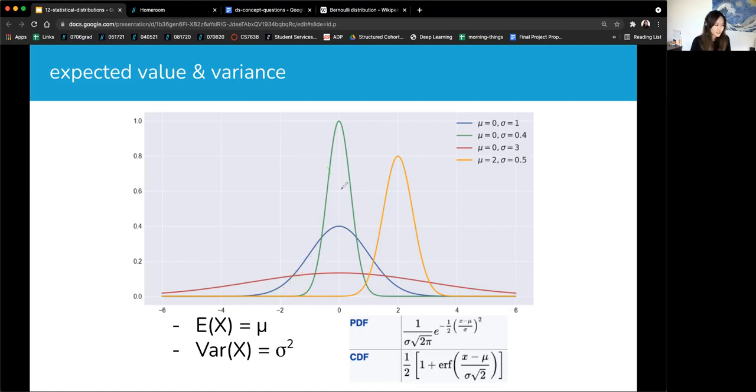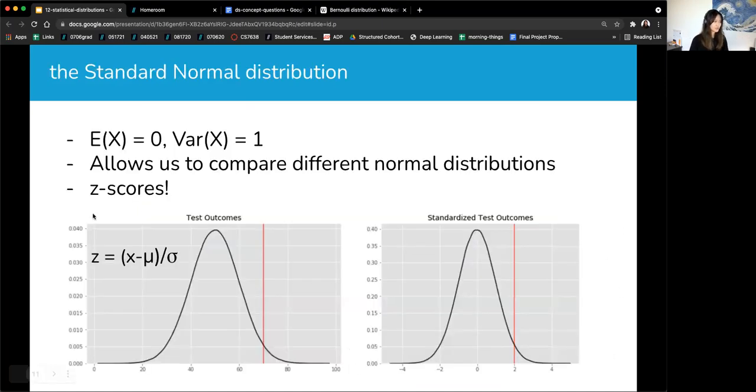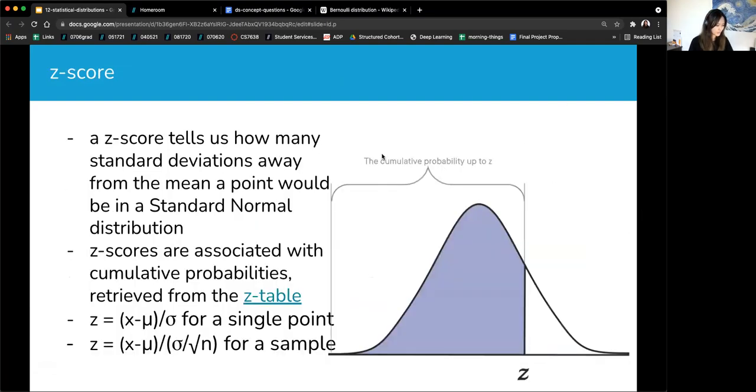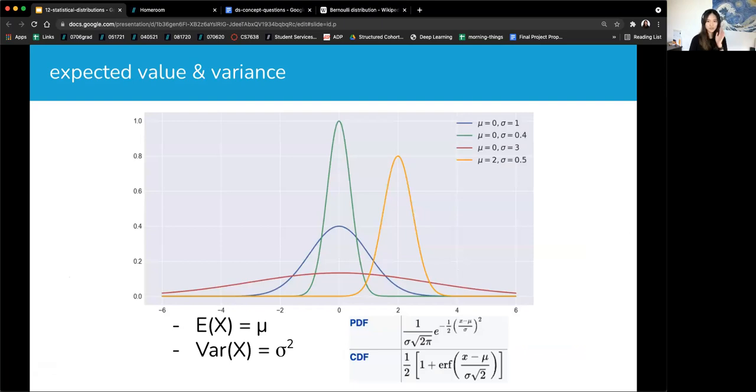The way that you transform something from any normal distribution into a standard normal distribution is you use the Z-score formula. The formula is x minus mu, divided by sigma. Let's go back and look at our last example, those two students in the two different classes.